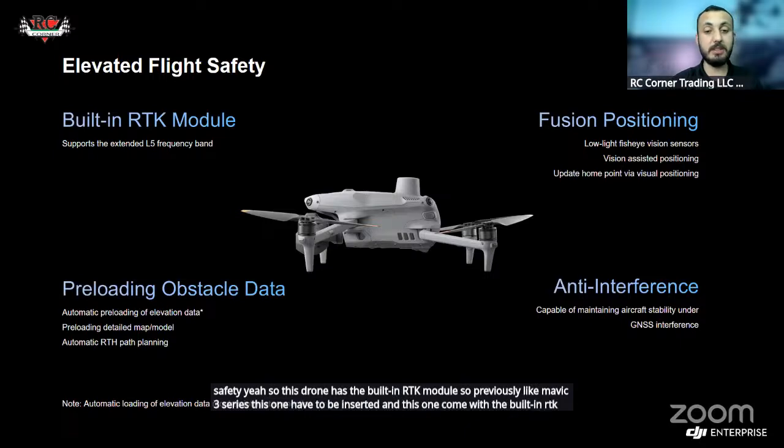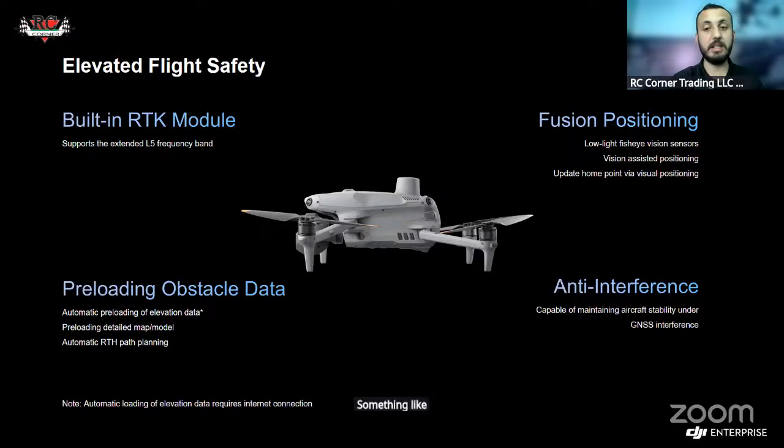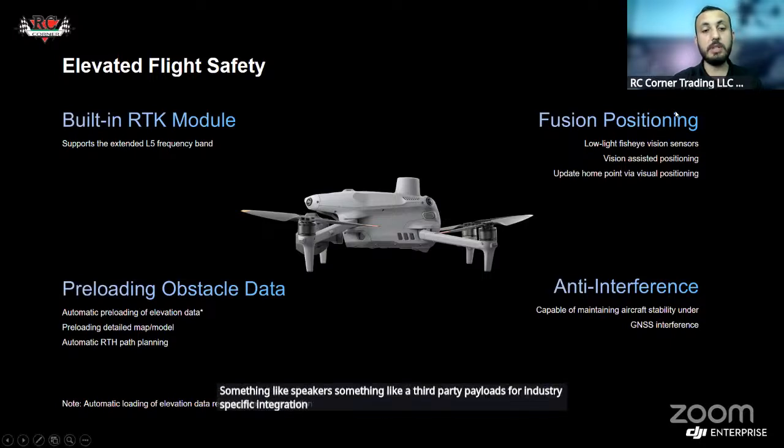In the compartment, you can add additional accessories, such as speakers and third-party payloads for industry-specific integration. Also, you can use preloaded obstacle data: if there is an obstacle somewhere, you can preload it, and during the flight the drone will avoid it.